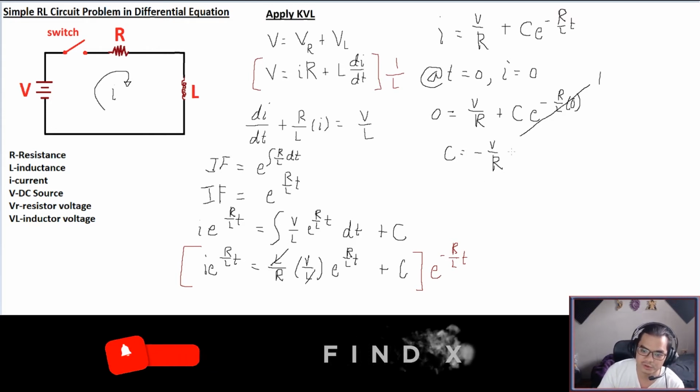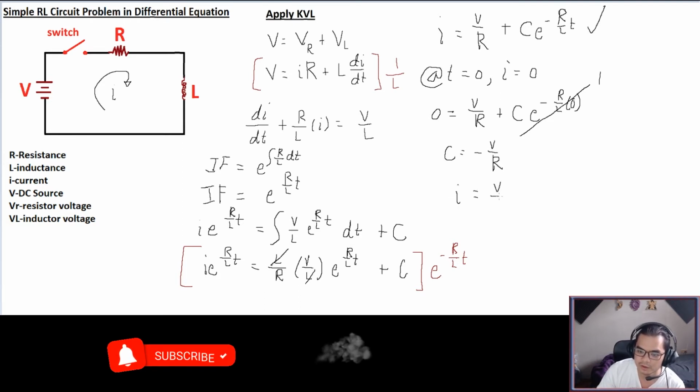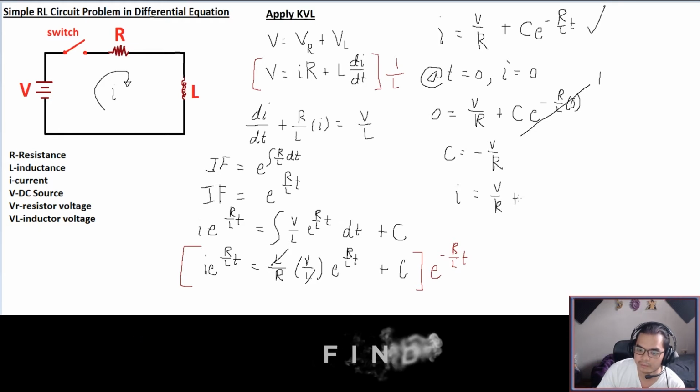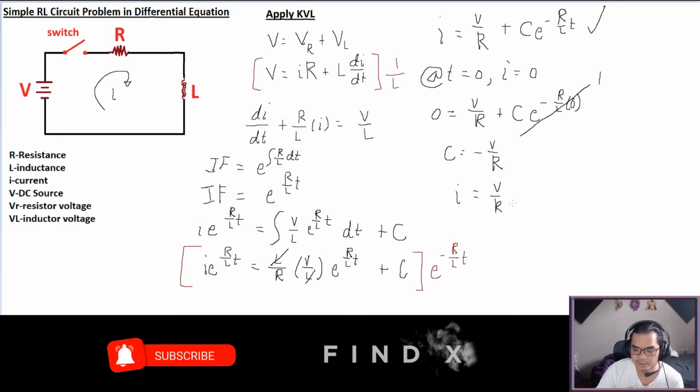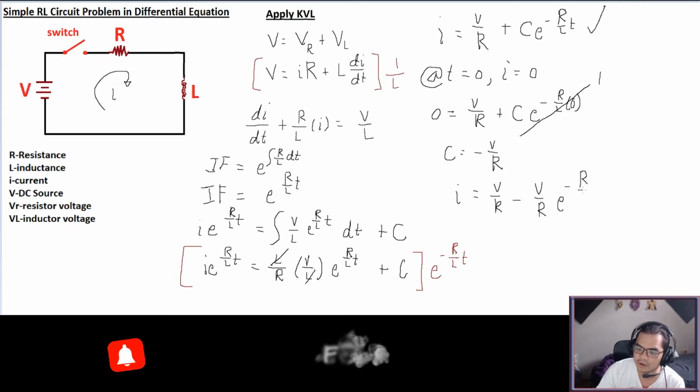So let's substitute the value of C into this equation. You'll have I must be equal to V over R plus, sorry, this must be negative V over R times e raised to negative R over L t.